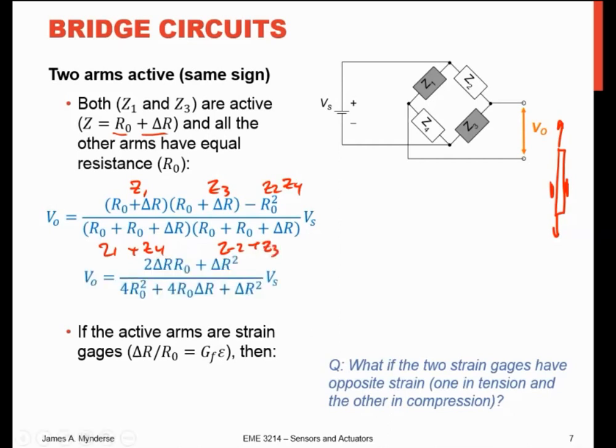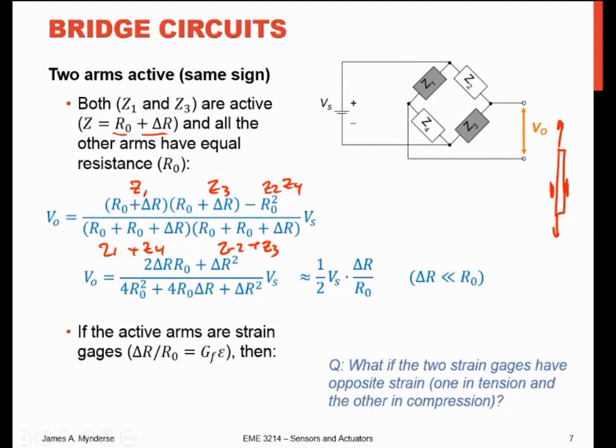We can chunk through the algebra, and if you want to follow along, I'm not going to take the time. Stop the video, work it out yourself, and make sure it makes sense to you. Again, we can apply that same small delta R approximation that we had before.